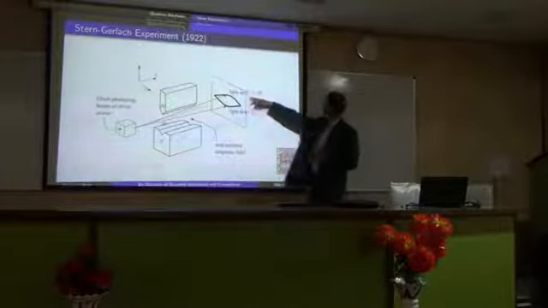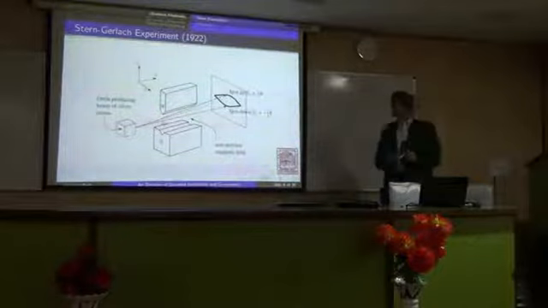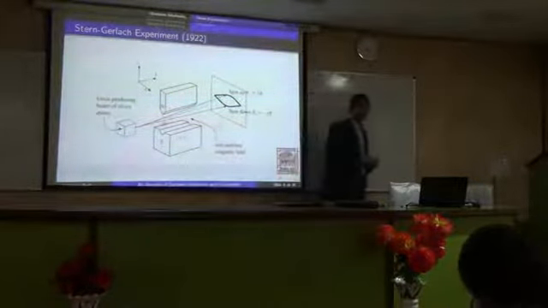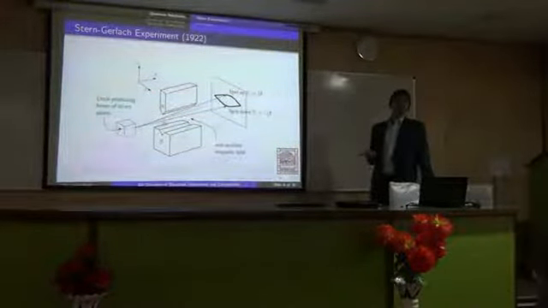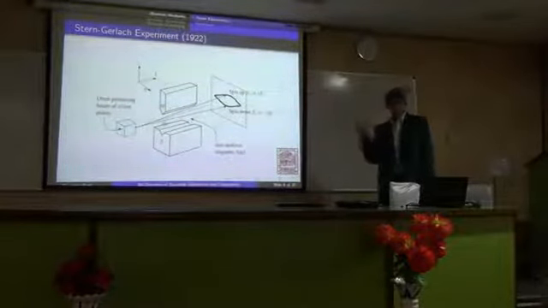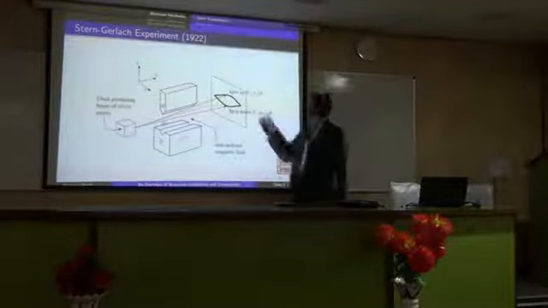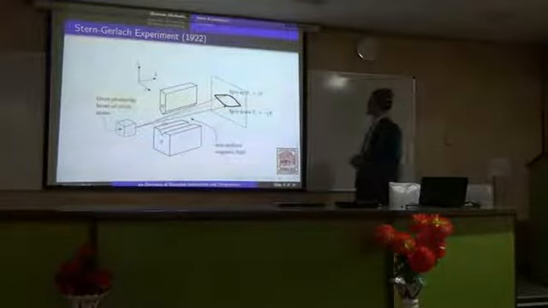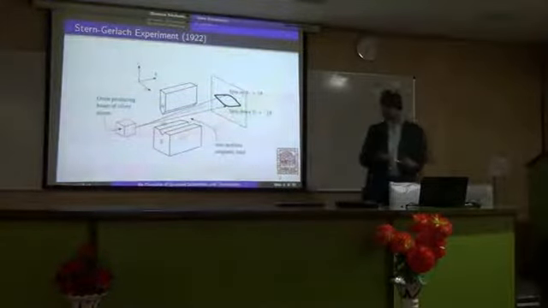Some of the silver atoms are deposited here and some are deposited here, and we say that the silver atoms deposited here have spin plus half and the other ones have spin minus half. This spin is not a physical spin like something rotating on its axis; it is just a vector quantity, and the name is given because of its relation to the magnetic direction.